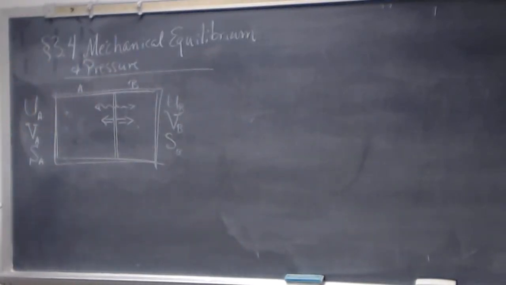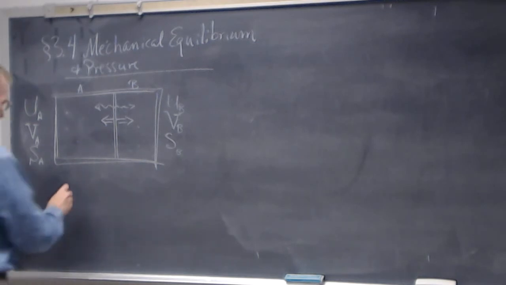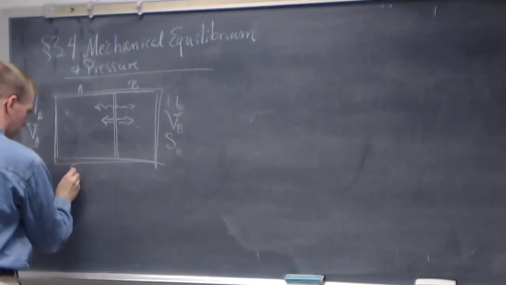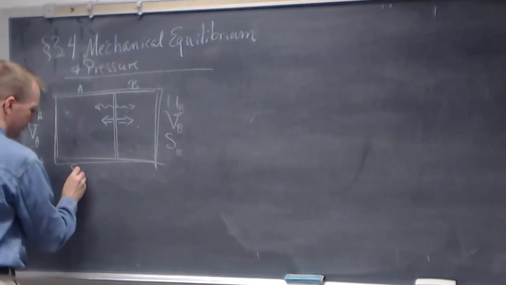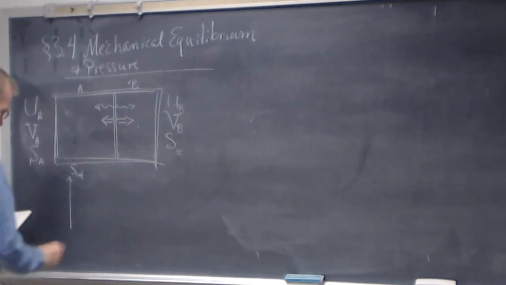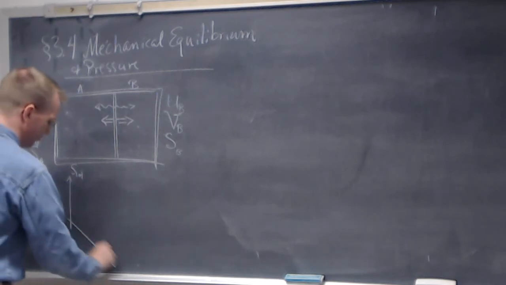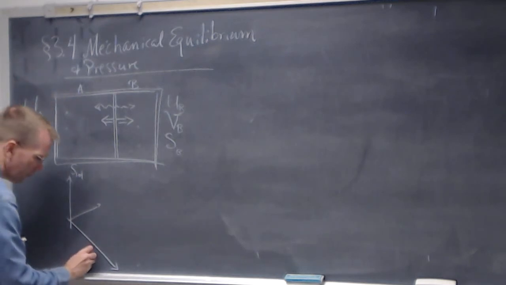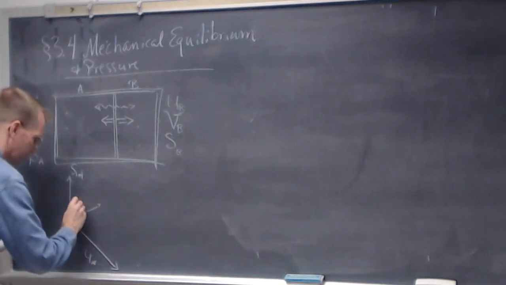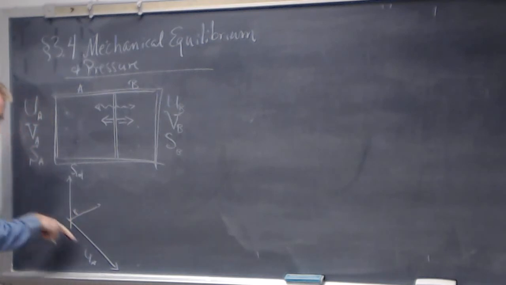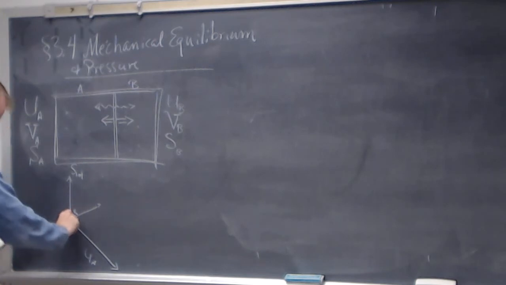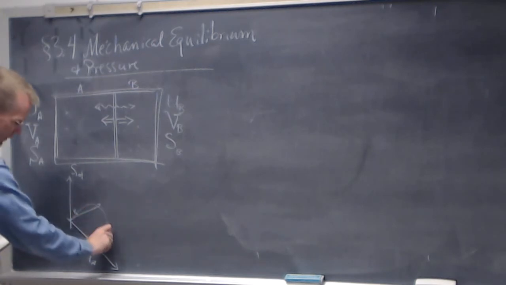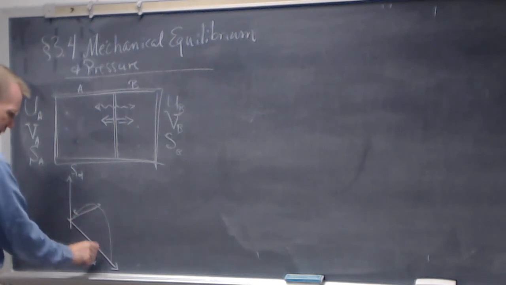If we look at the total entropy, S total, plotted versus energy of A and the volume of A, it is a two-dimensional graph, with energy that way and volume that way. It increases to a peak in the middle versus energy.